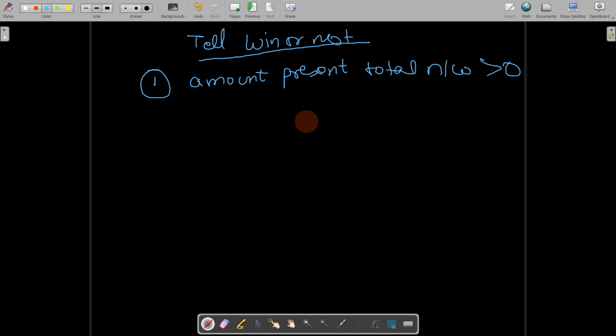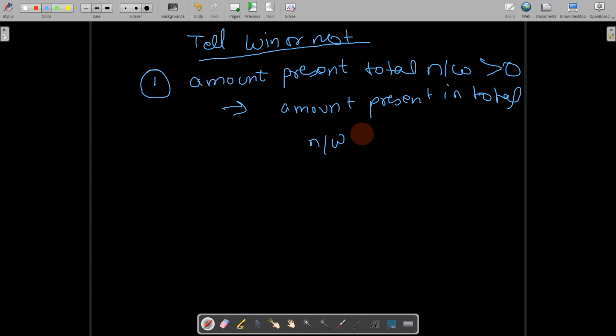That cannot happen. Okay, first is this, and second is that the amount present in the total network has to be greater than or equal to the genus value.